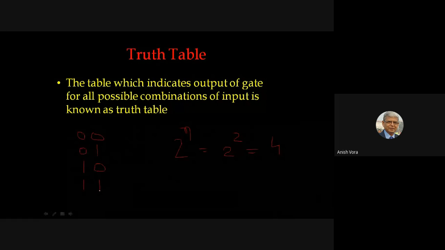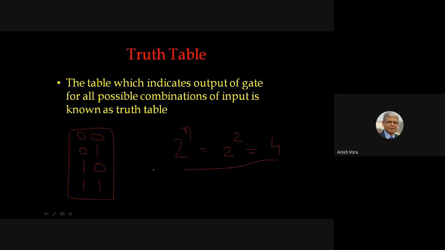So when we consider 2 inputs, we have 4 different possibilities, and we have seen why. We have to verify these 4 conditions in the truth table every time, and this is your binary number. The equivalent decimal numbers are 0 for 0 0, 1 for 0 1, 2 for 1 0, and 3 for 1 1.